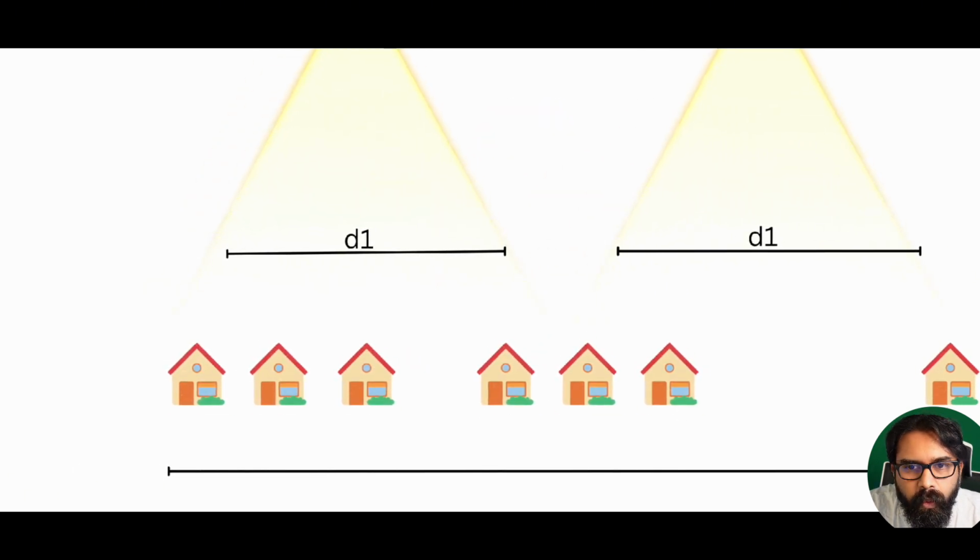We have to broaden the light range, and also we have to bring X and Y somewhere around about the mid along this line so that all the houses get some light. So this is something that I could actually relate to in the real life scenario when I saw these numbers in the form of a number line.